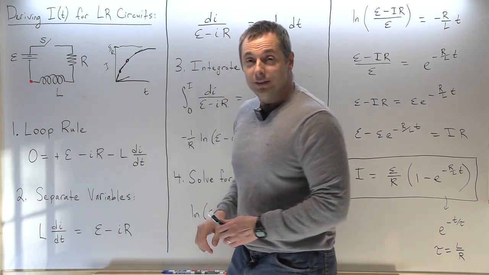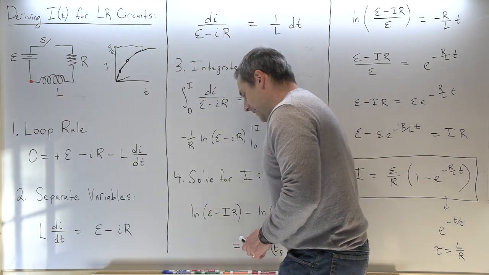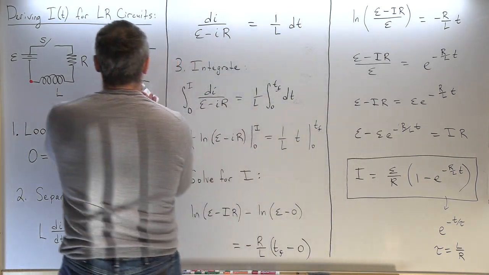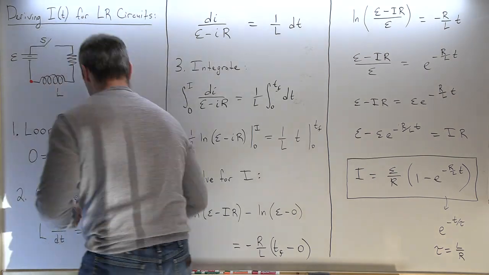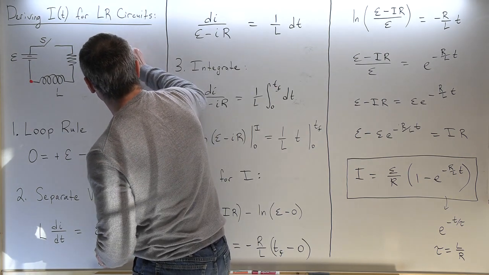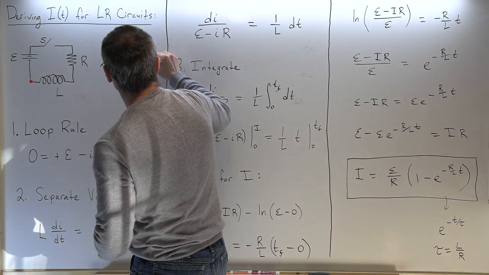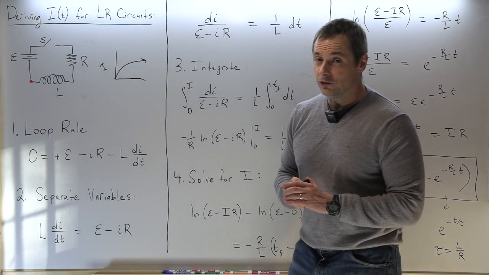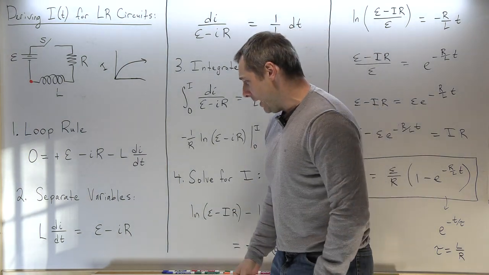It just means it'll take longer to get there. Interesting, interesting. At least I think so. All right, so this is what we're going to expect. That 1 minus exponential, that's ultimately what we're going to get if you remember from capacitors.